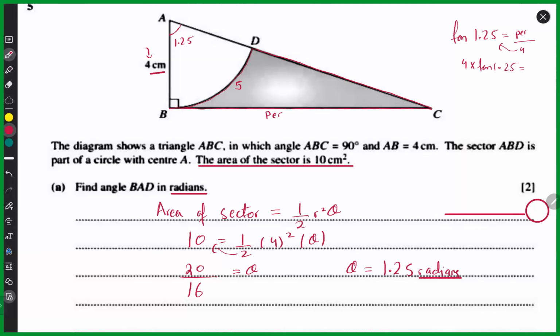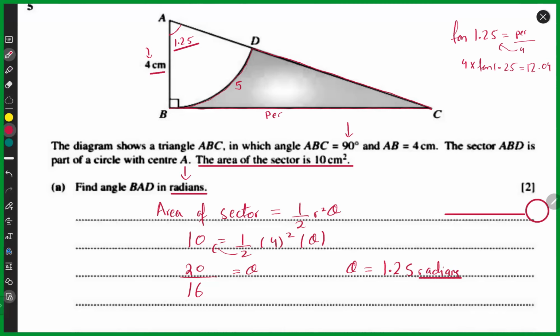Make sure that your calculator is in radians mode. Why? Because this angle right here is in radians. Look at this, this was given in degrees, but we were told to find BAD in radians. So please make sure that your calculators are in radians mode, and then you're doing this working. So 4 multiplied by tan 1.25 would give you 12.04.